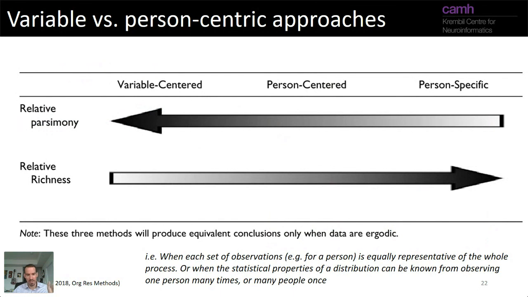One interesting thing to think about, which is more philosophical, is that these approaches are on a spectrum. You don't necessarily get different information from looking at how people are similar to each other and how symptoms are similar to each other. Think about the simplest example, a correlation between two variables: you have a data frame with two columns and you look at how they're correlated.